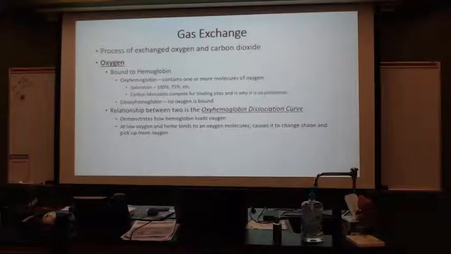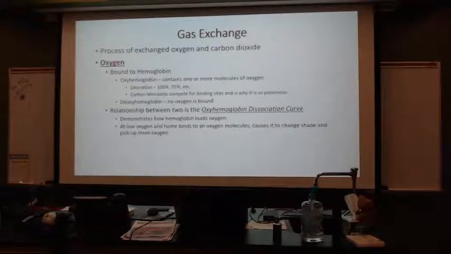Okay, now if the oxygen loads onto that hemoglobin, it will then come back to the heart into the left side, leave by way of the aorta, from the aorta make its way to tissues. So what do you think that oxygen will do at the tissue level?